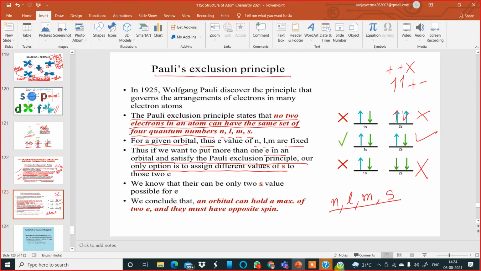We know that there can be only two s values possible for electrons. So we conclude according to Pauli's exclusion principle that an orbital can hold a maximum of two electrons only, and they must always have opposite spin, so they cannot have the same spin.